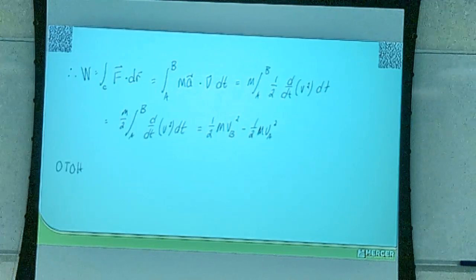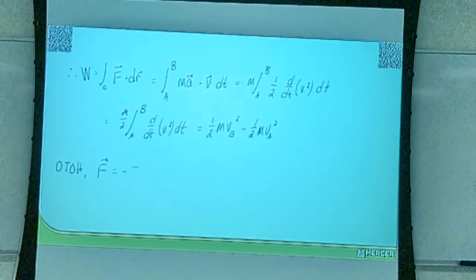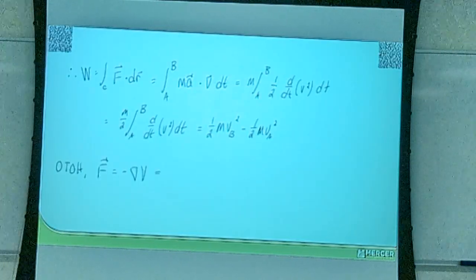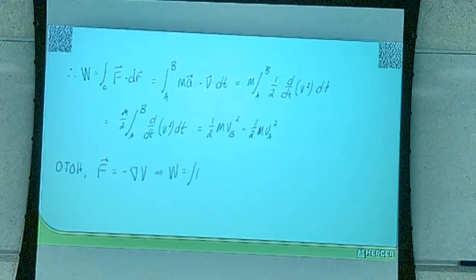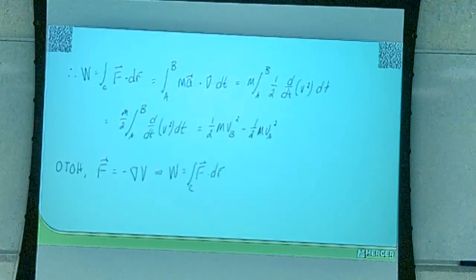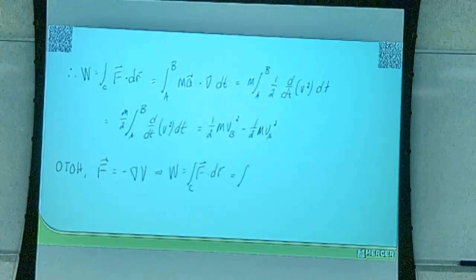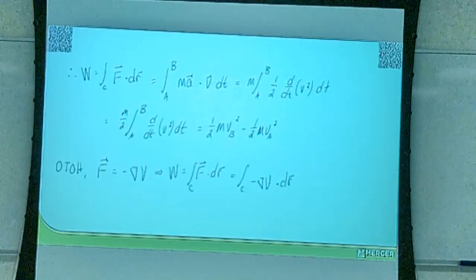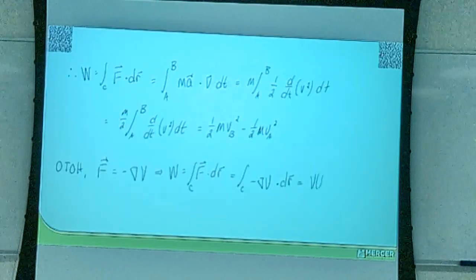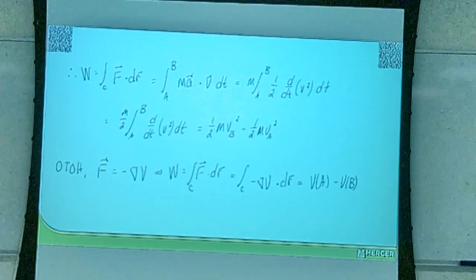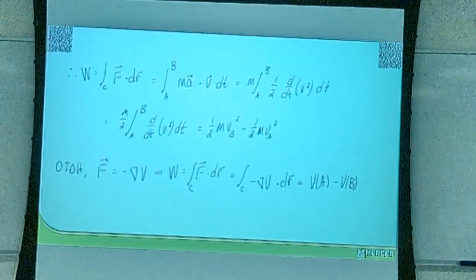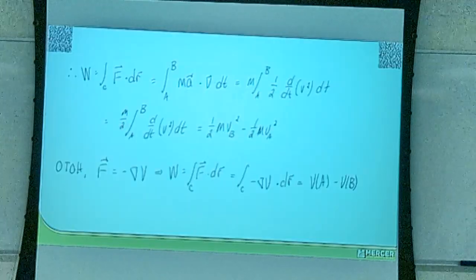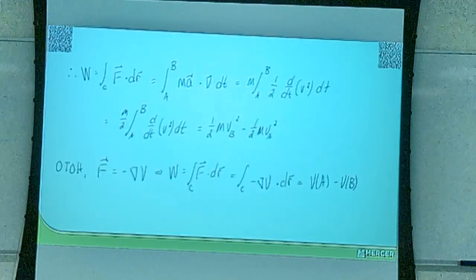On the other hand, we're told F is negative del V. That means that work is V of A minus V of B. Right?